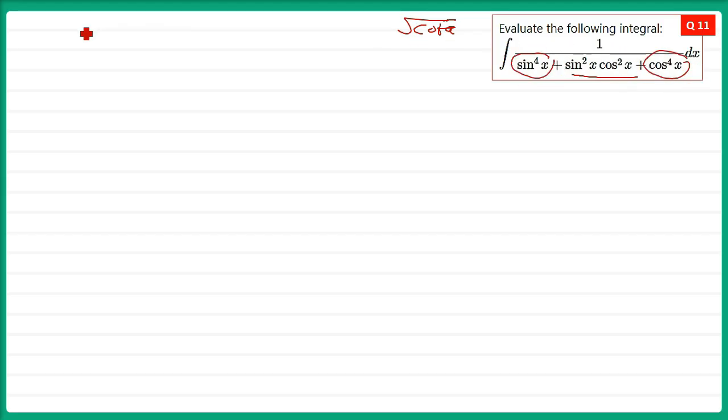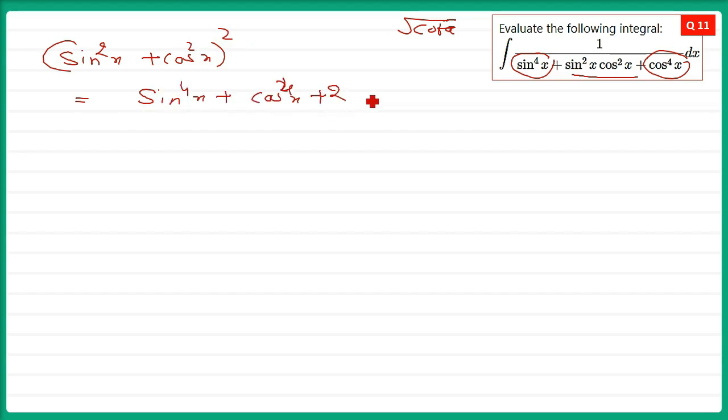So this sin 4x and cos 4x might have come from sin square x plus cos square x whole square. When you square it, you will get sin 4x plus cos 4x plus twice into sin square x and cos square x. A square plus b square plus 2ab.